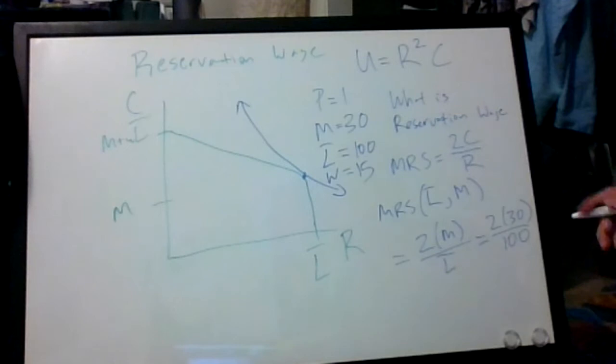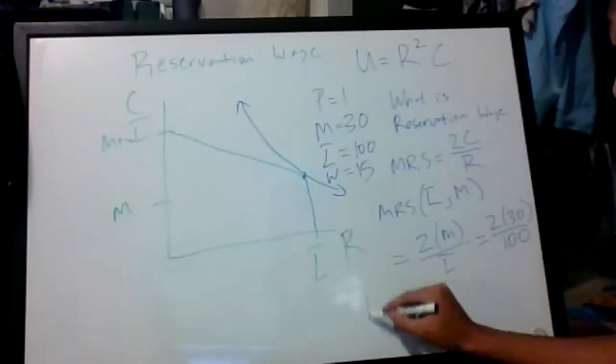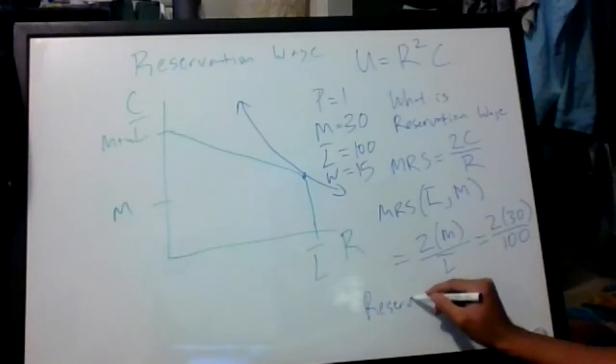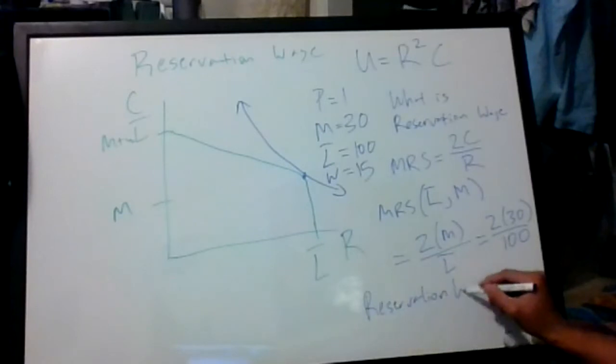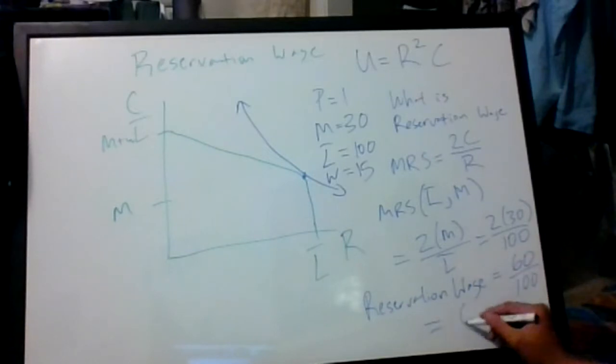And so this tells us that our reservation wage is going to be equal to 60 over 100, which is equal to 0.6.